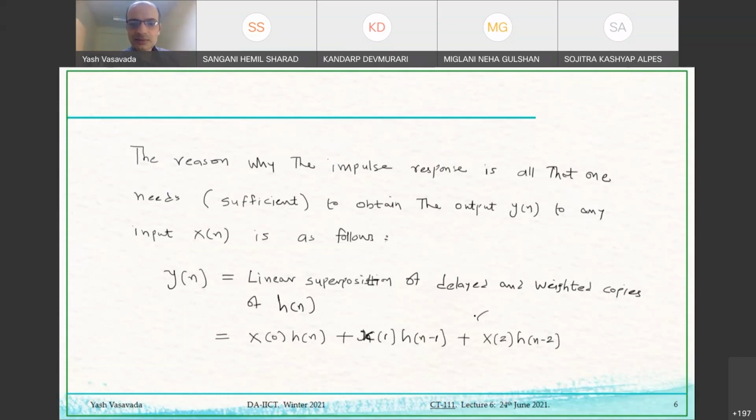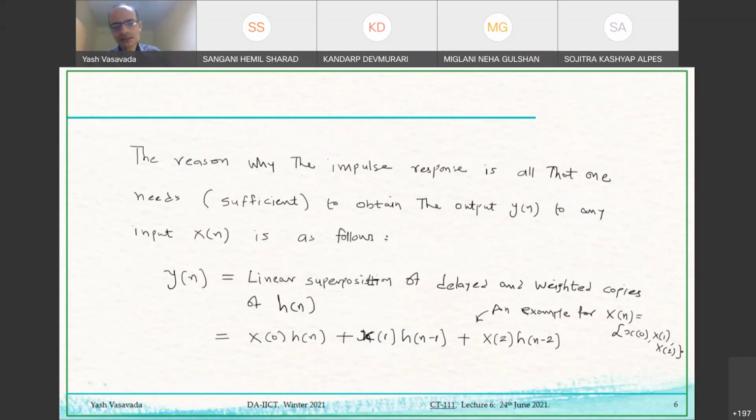So this is an example of what I wrote here. This is an example for x of n equal to x0, x1, and x2.